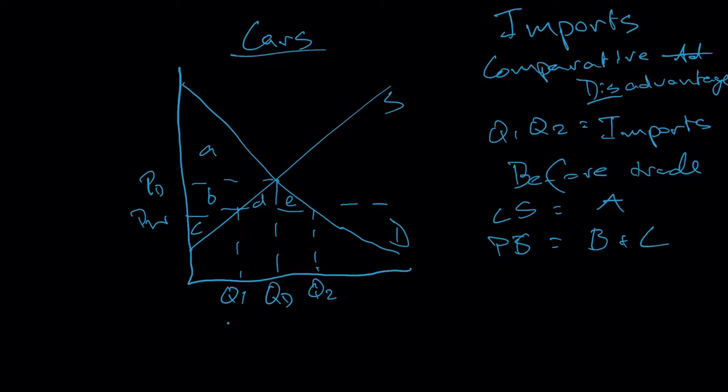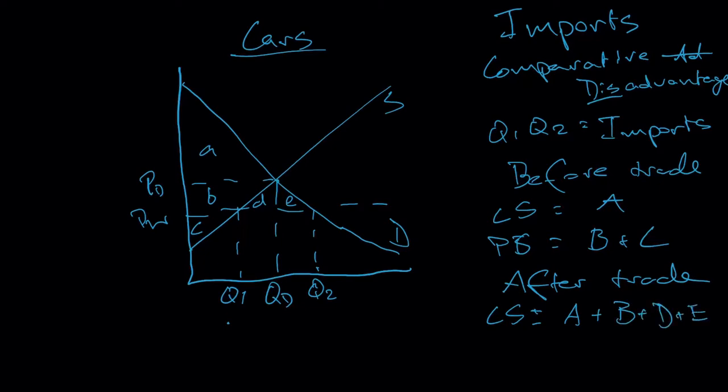Now, because we are importing, consumers will actually gain in this situation, and we can show that by showing the increase in consumer surplus after trade. After trade, consumer surplus is now area A, area B, area D, and area E. Domestic producers have lost out.